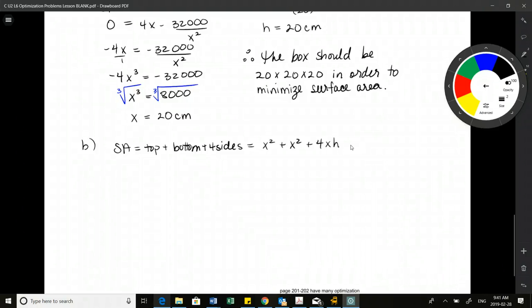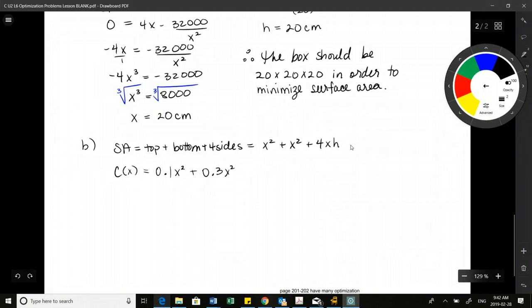So the cost formula, maybe we'll call it C of x, is going to be 0.1 times the area of the top, plus 3 times the amount for the area of the bottom, so 0.3 for the bottom, plus 0.1 times the 4 sides.